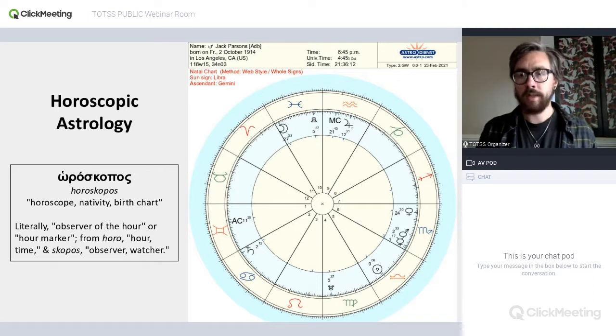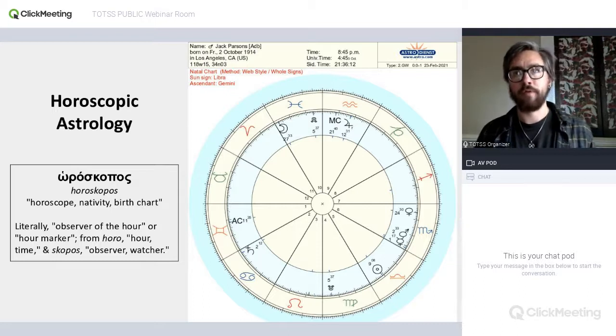It synthesizes a lot of concepts from Babylonian and Mesopotamian astrology, along with the Egyptian astrological tradition, under the perspective of Greek philosophy and cosmology, and especially Greek geometry and mathematics. Those things come together to produce what we know as horoscopic astrology.